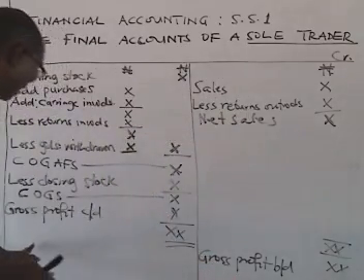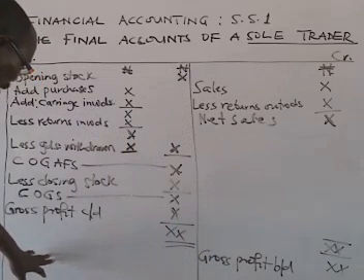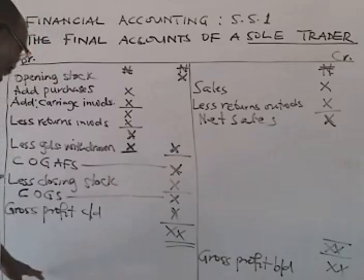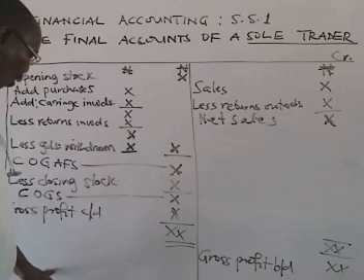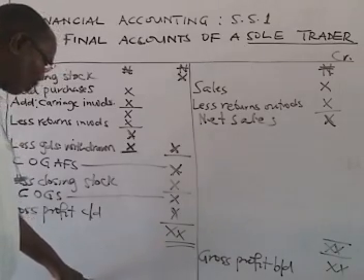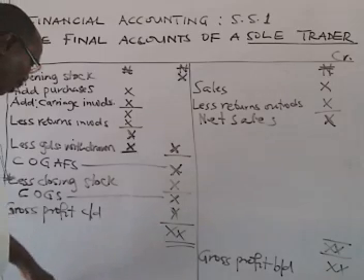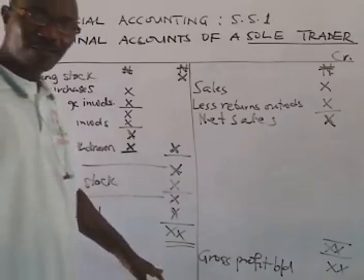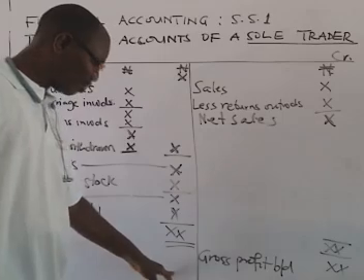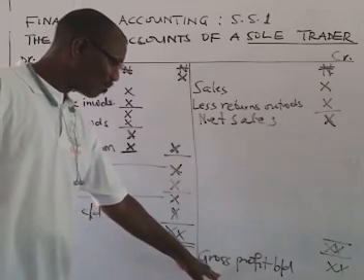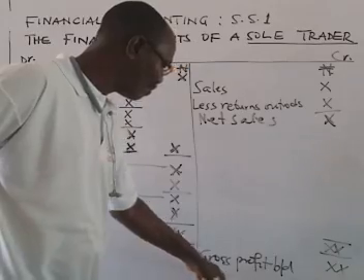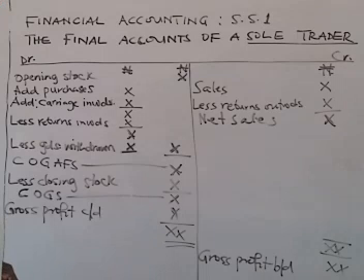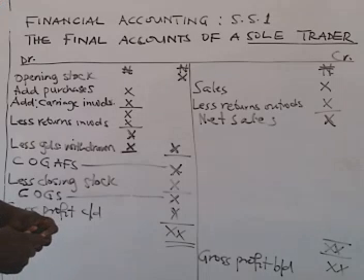Then on the debit side, all the expenses incurred by the business owner must be written, with depreciation also debited. After adding together all your expenses, you subtract them from the total on the credit side, and you get your net profit.